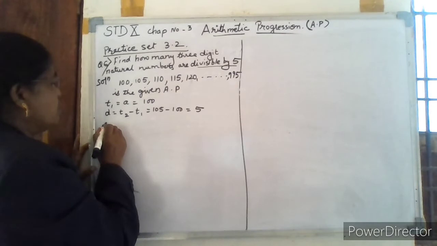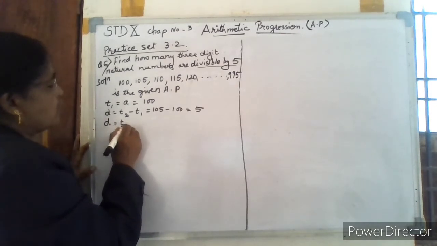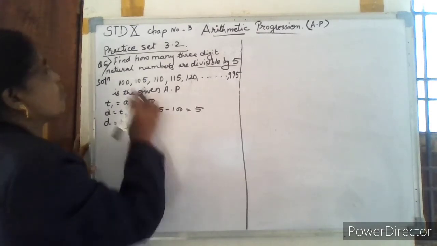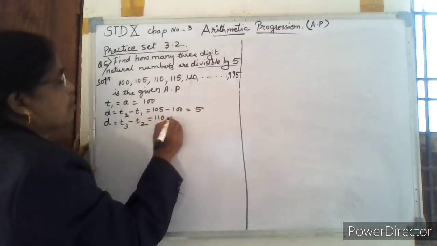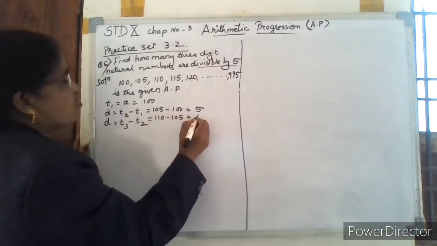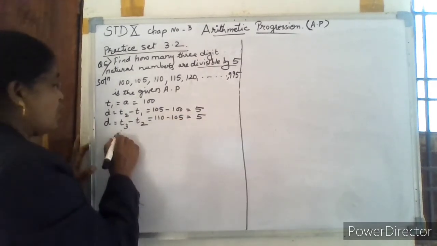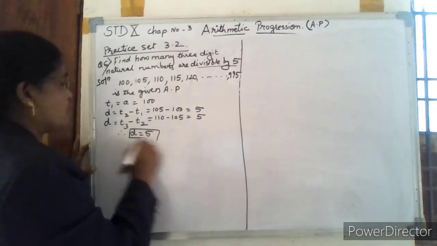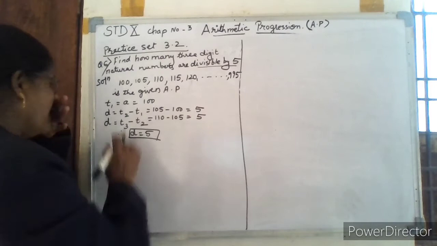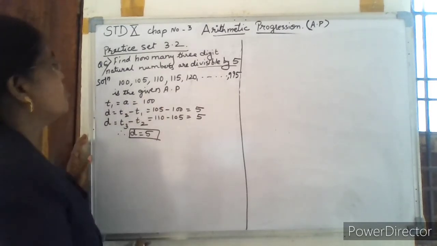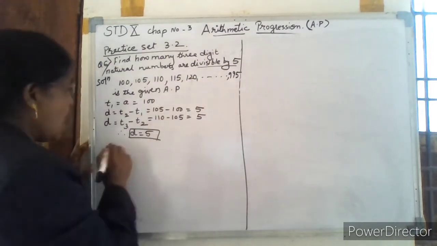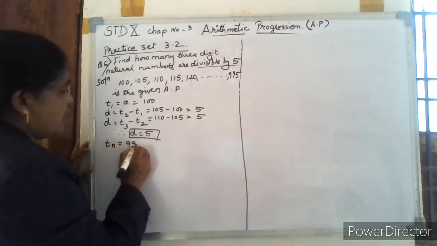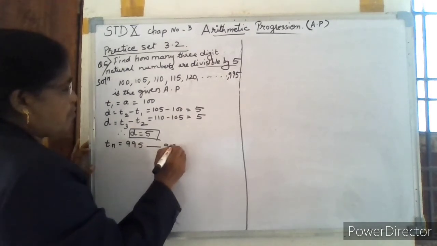In the same manner, third term minus second term is 110 minus 105, which also gives 5. Therefore, D is 5 and A is 100, and the nth term is given as 995.